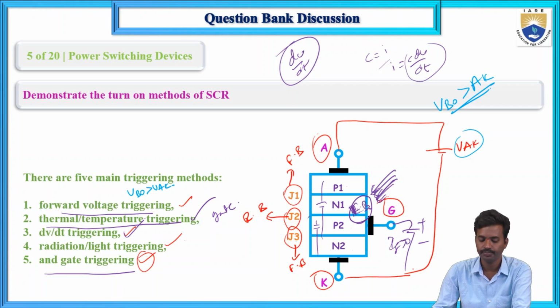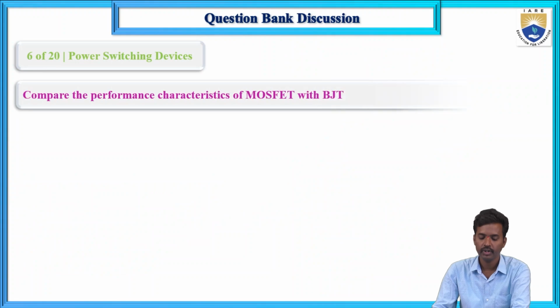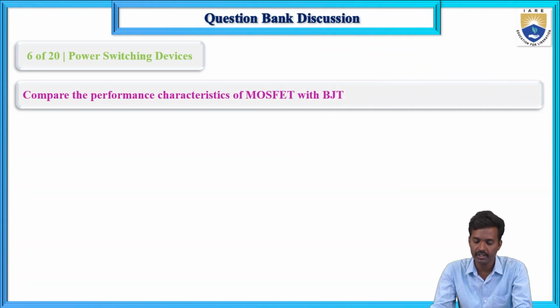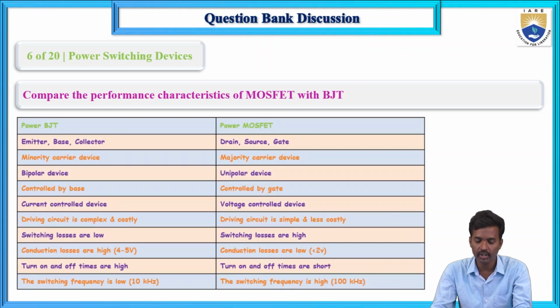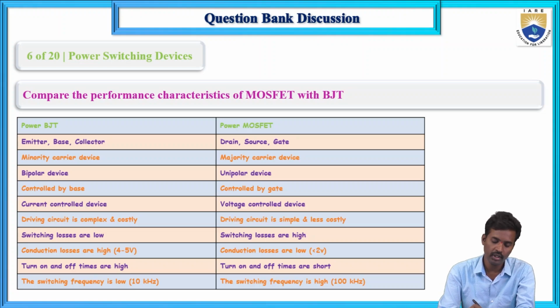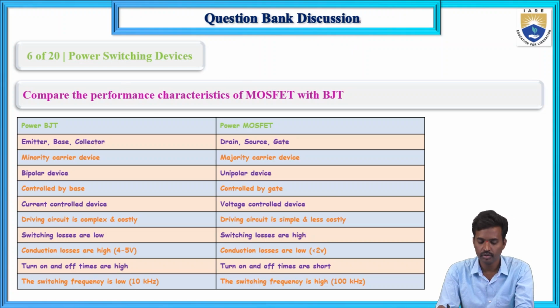And now the next question: compare the performance characteristics of MOSFET and power BJT. First, what are the main differences, then I will explain the characteristics.